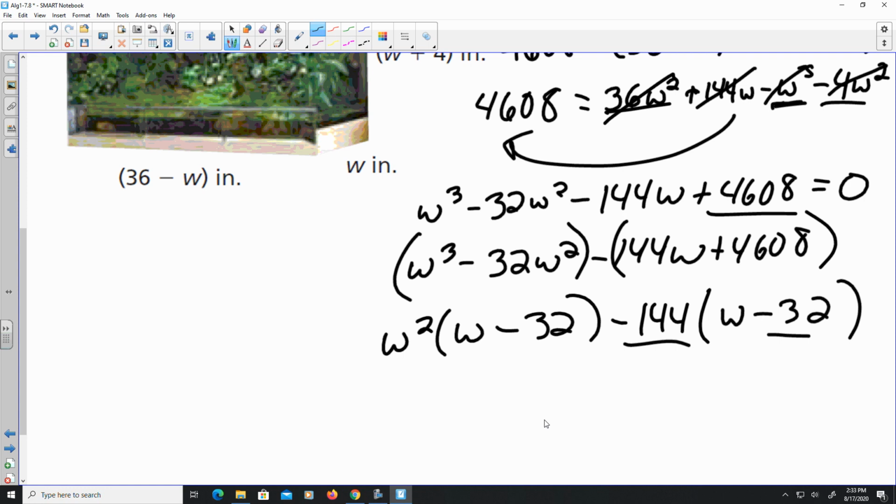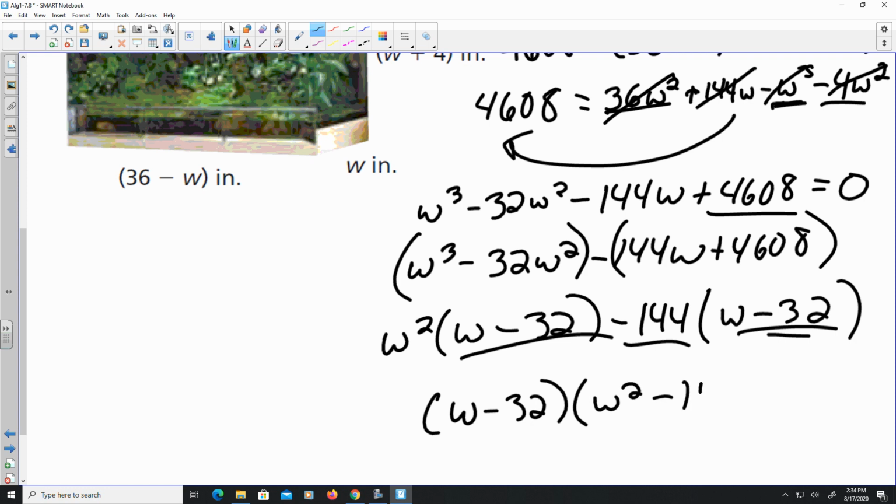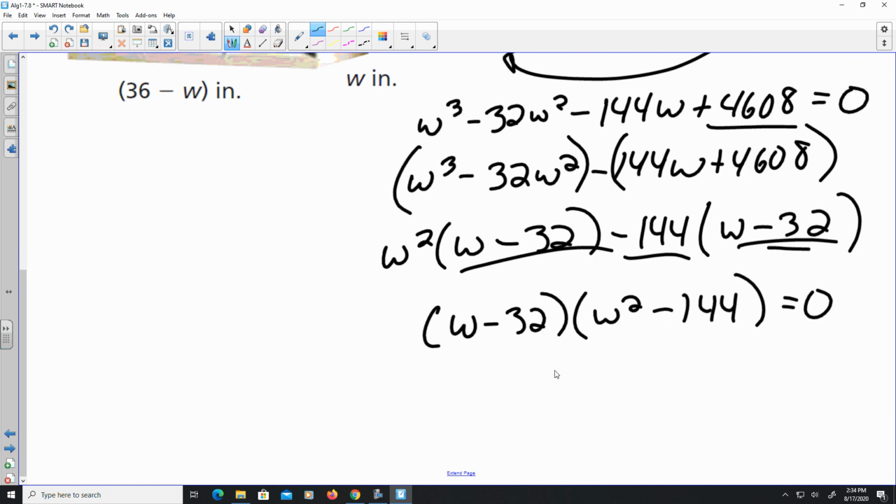So that's why I always rewrite it, just to make sure that the signs are correct. It usually is a little bit trickier when there's a negative right there, so keep that in mind. We have the same thing there. We have a common binomial. So now I'm going to say that this is going to be W minus 32 times W squared minus 144, set equal to 0. W minus 32 I can't do anything with.